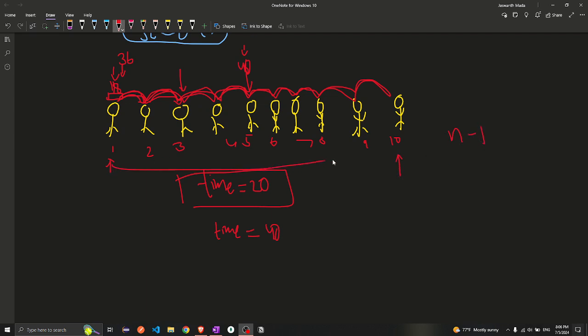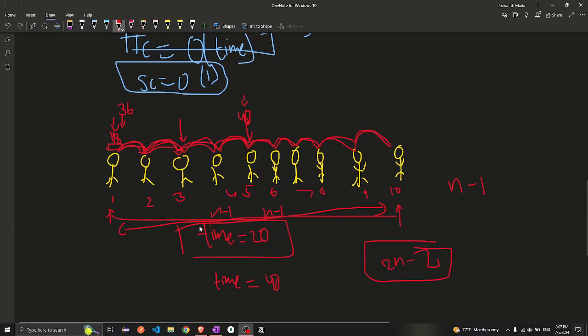From the first guy to the last guy, I'm taking n minus 1 steps, and from the last to the first, I'm again taking n minus 1 steps. So basically when I'm trying to move from first guy to last guy and from last guy to first guy, I'm taking 2n minus 2 steps, because n minus 1 plus n minus 1 is 2n minus 2, right? So from here to here and to here, I'm taking 2n minus 2 steps.